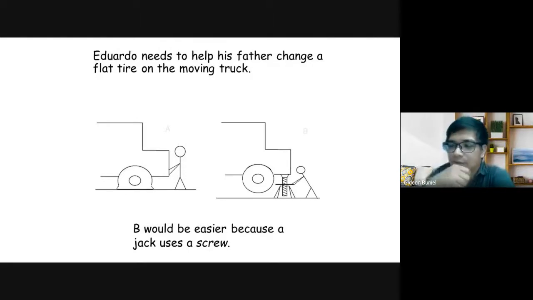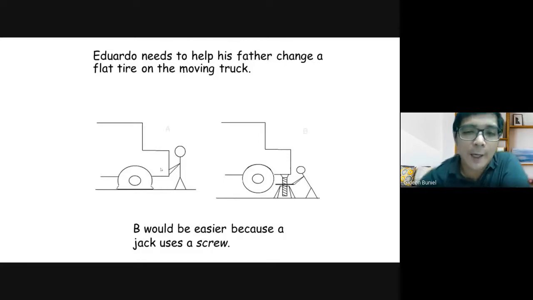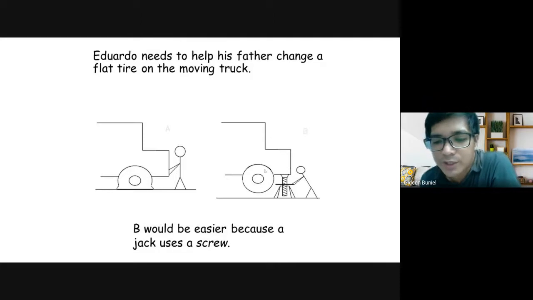I think these are all approaches already because we have a jackhammer. I think it's hydraulic, so it is used to help lift the car. There are still things like this which have a screw feature. You just have to turn it to lift the vehicle.